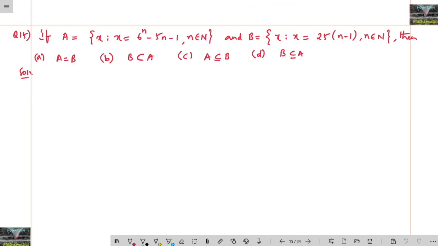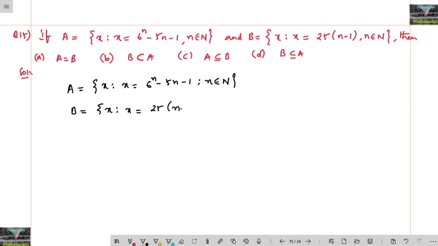If A is equal to x such that x is equal to 6 to the power of n minus 5n minus 1, where n belongs to N, and B is equal to x such that x is equal to 25 times of n minus 1, where n belongs to N. So if I consider the natural numbers, I can write the set here by taking n is equal to 1: 6 power 1, 6 minus 5 minus 1, 0.